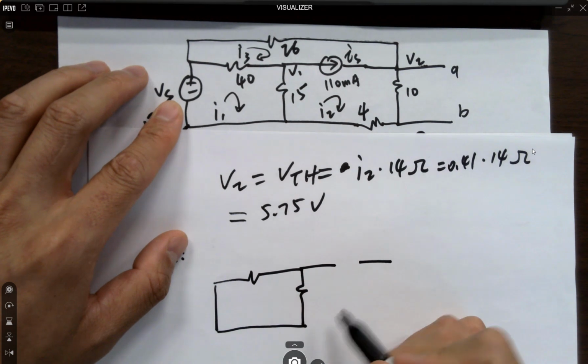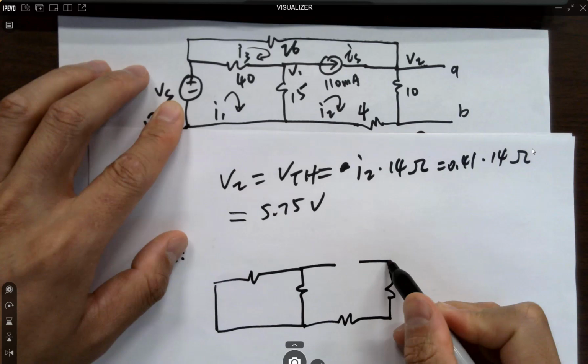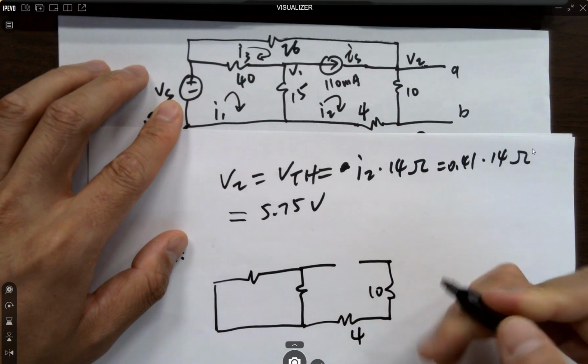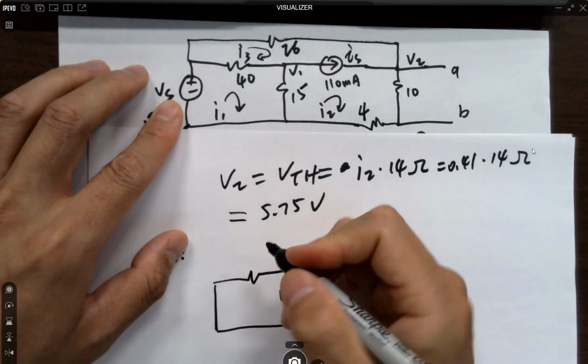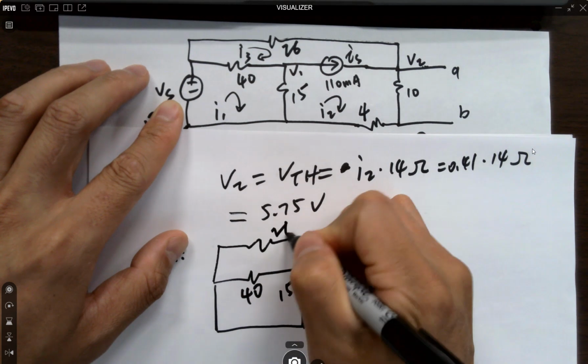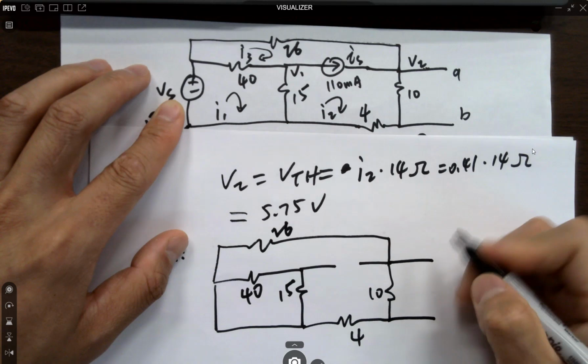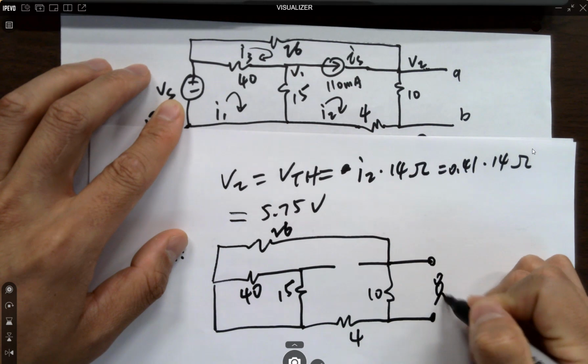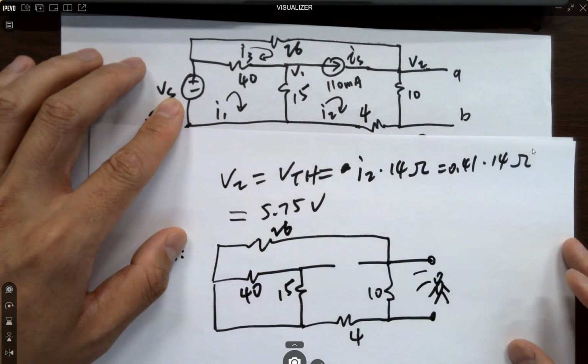Disconnected. 10, 4, 15, 40, 26. So looking backwards, right? Looking backwards.